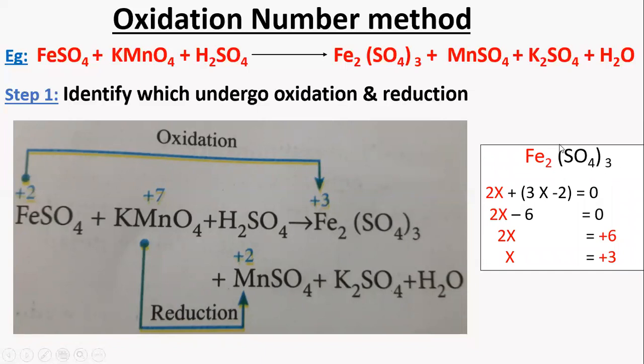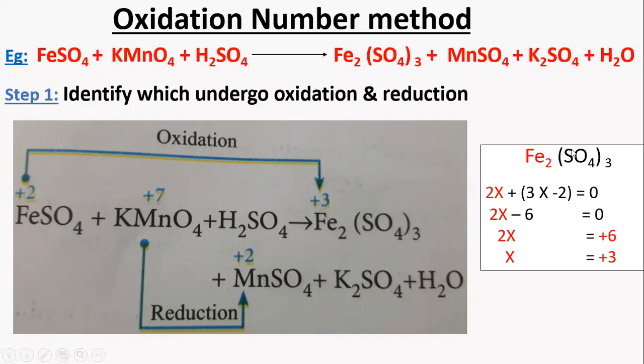Here in this form you are not supposed to take sulfur and oxygen individually. They have given the whole compound in the bracket, which means you have to take it as a single unit, that is, it is a sulfate. You are not supposed to write sulfur and oxygen individually.